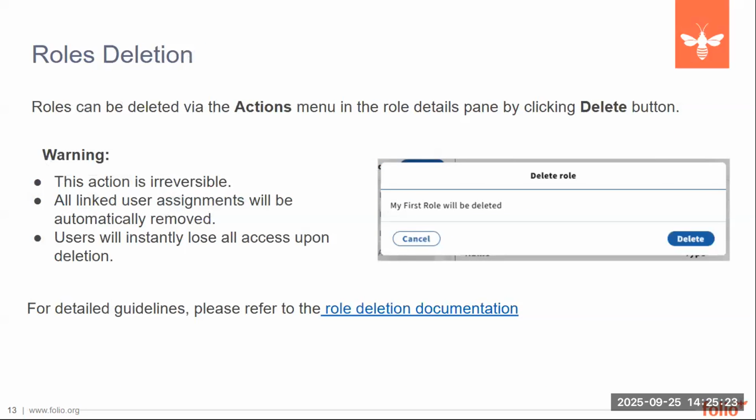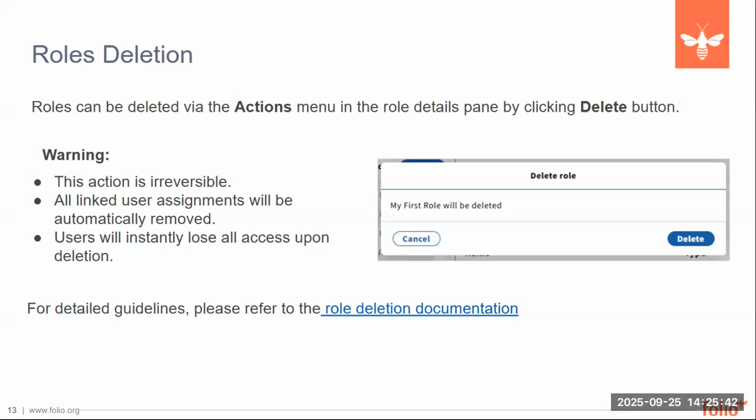For role deletion, it's again pretty obvious. You can click a delete button, but what I want to mention before all these live demos, just to keep in mind, is that this action is irreversible. After deletion of a role, you cannot restore it.